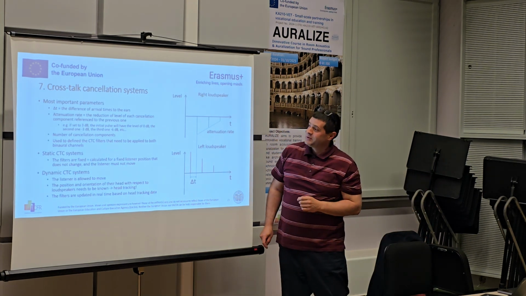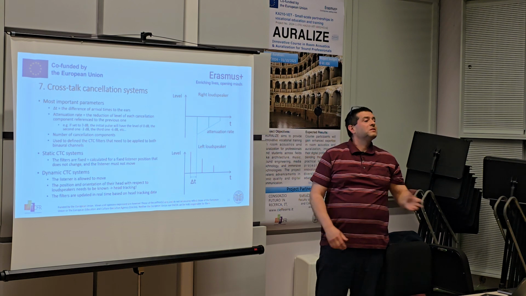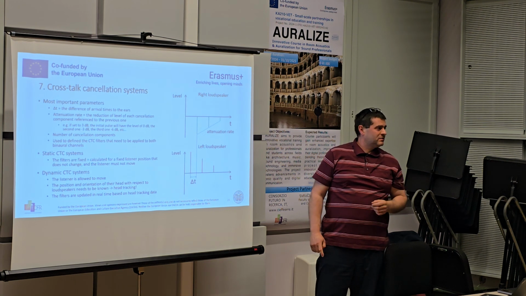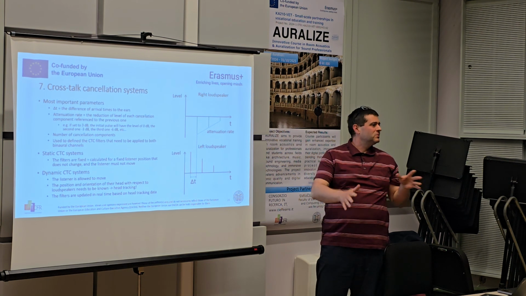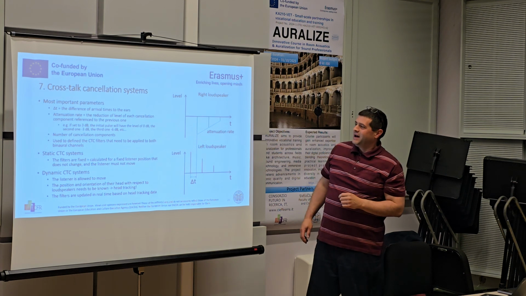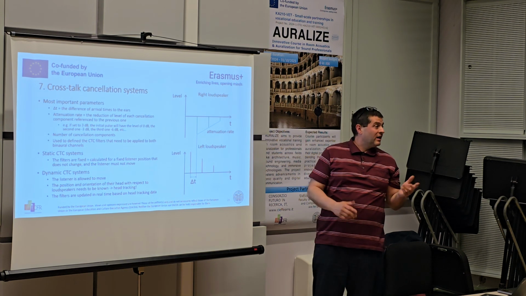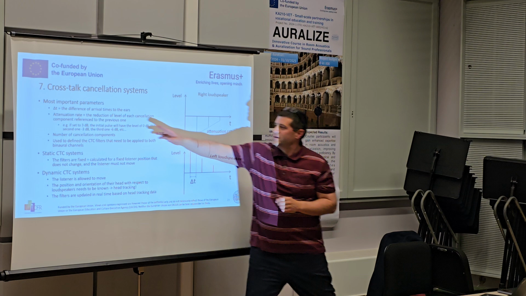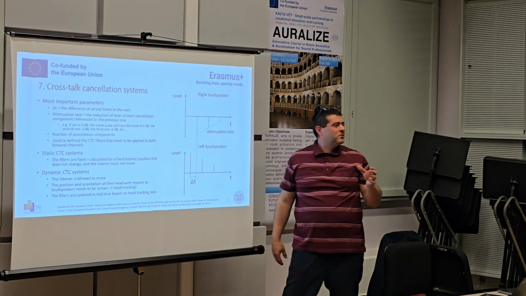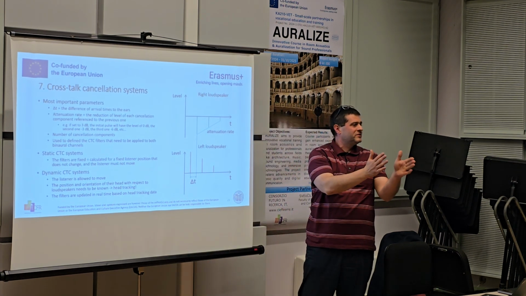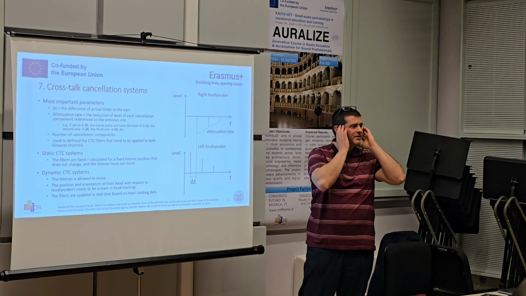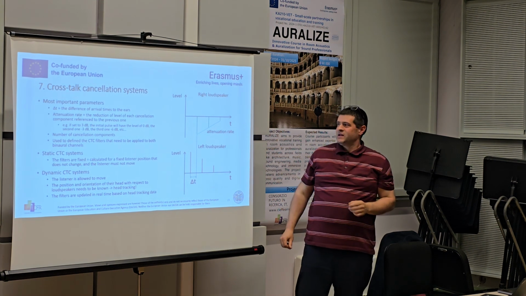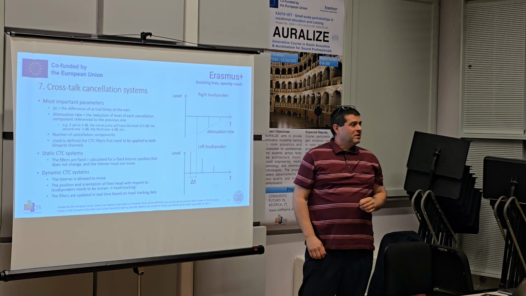What are the most important parameters here? There are some plugins you can find even on the internet, quite old ones, which will do the work quite decently. You will probably be asked to set what they call delta T, the difference between sound arriving here and there, the time difference. What will this depend on?